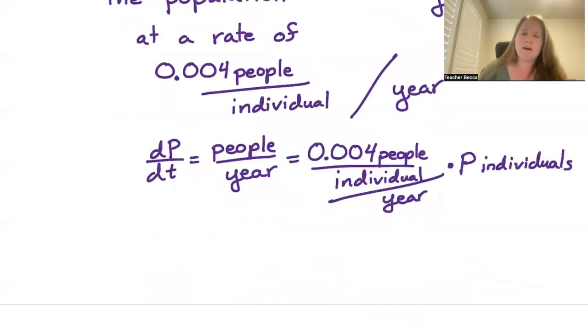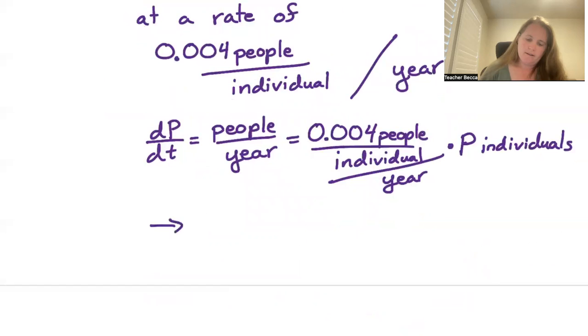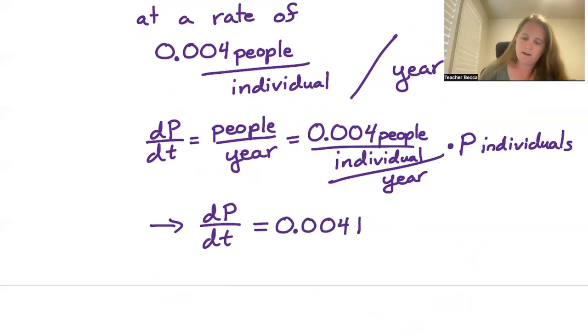And so what we get is that dP/dt is equal to 0.004 times P, or in other words, P prime is equal to 0.004 times P.